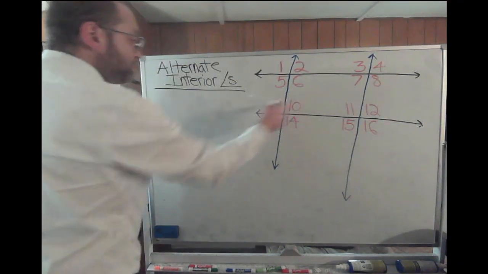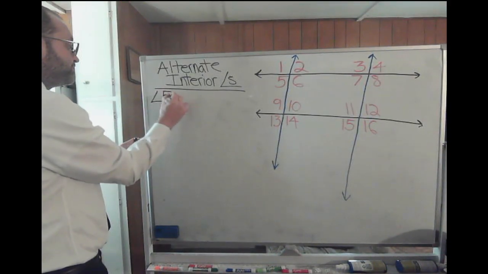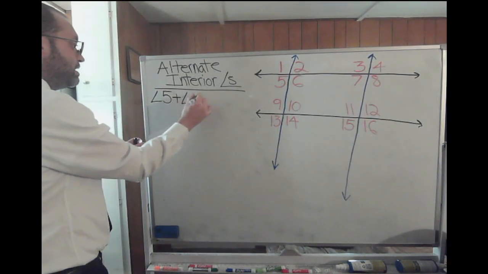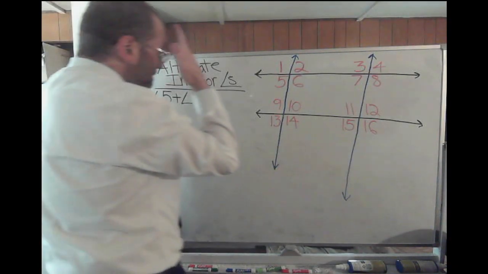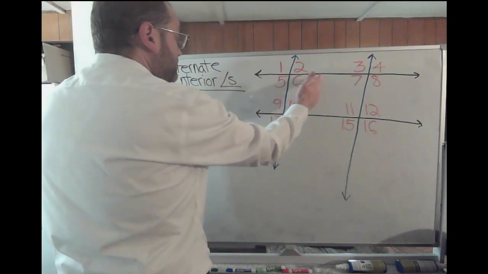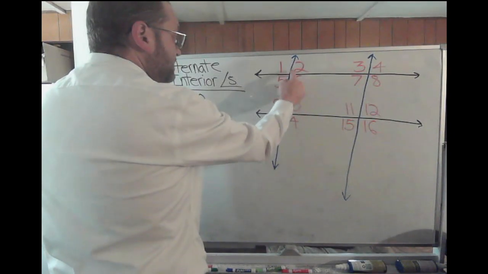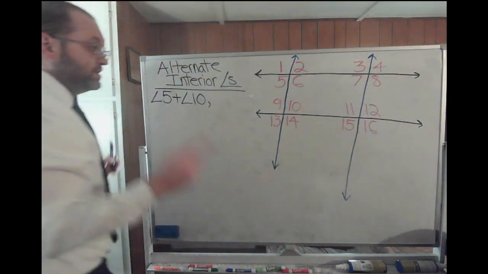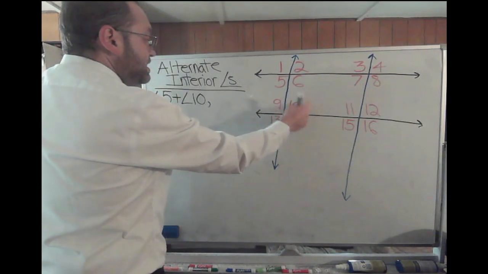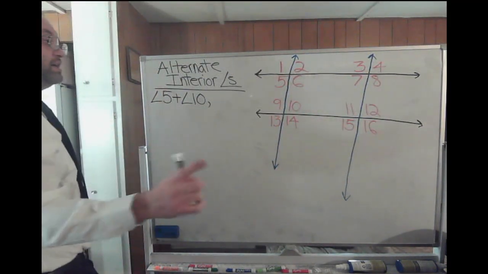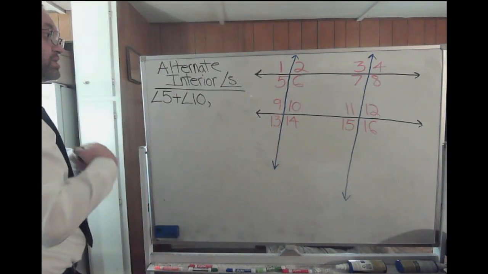Angle 5 and angle 10 are alternate interior angles because they're both near the black line, but they're on the opposite side of the transversal line, on the interior. So they alternate. They're on the opposite side of the transversal. That's why they're alternate interior angles.